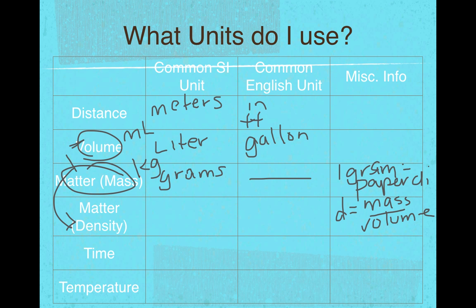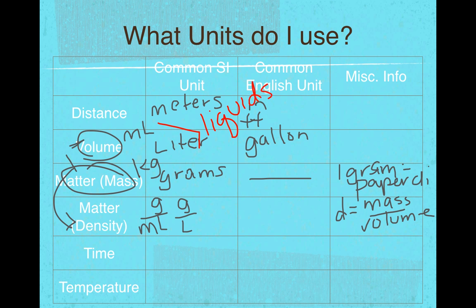So in the instance of a liquid, okay, our mass is in grams, our volume is in milliliters, or it could be grams per liter, because both of those are volume units. One thing I forgot to mention when we talked about volume is that these two units are used for liquids.